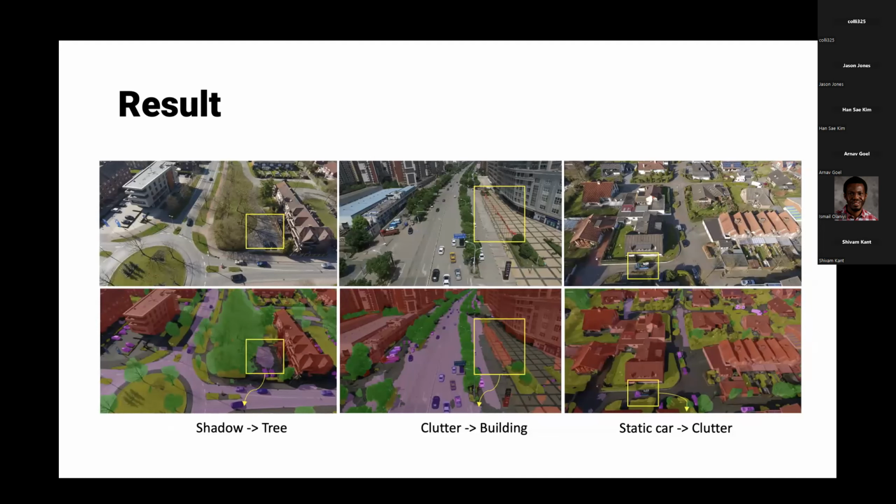The figure on the left shows, in the yellow box, that there are actually shadows on the road, but the model predicted them as the tree class. For the center image, you can see the flags; the model predicted them as buildings. And for the right image, the model actually failed to predict the static car class.